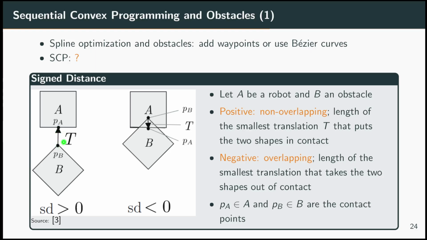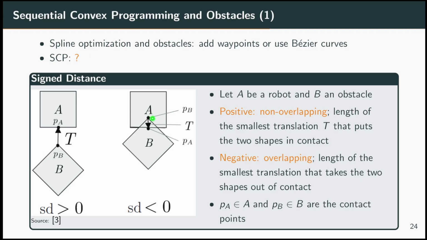If that length is positive, then they're definitely not colliding, and the length tells us how close they are. If it's 0, they're touching at one point at the surface. And if it's negative, they are essentially overlapping.